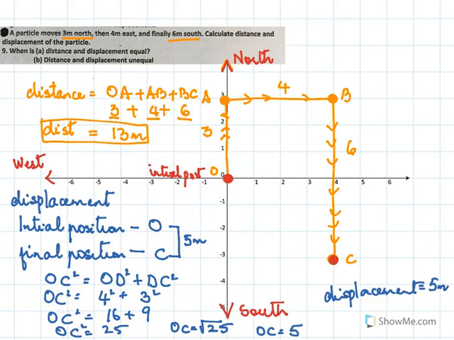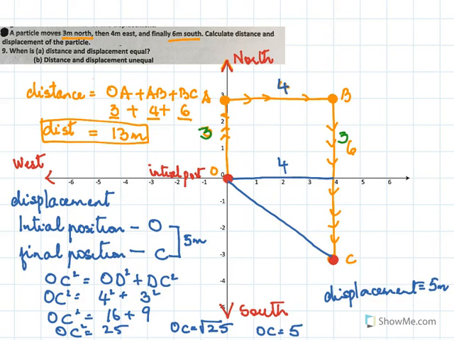And to find displacement, we had to know the initial position, which was O, the final position, which was C, and the shortest distance between the initial and final gave us displacement. And that we found with the help of Pythagoras theorem. We joined this here. This was 4 here, so this also was 4. And then this was here 3.